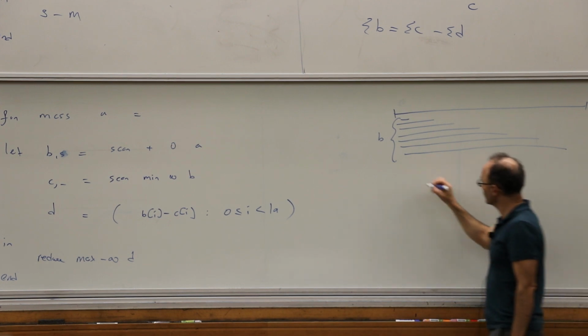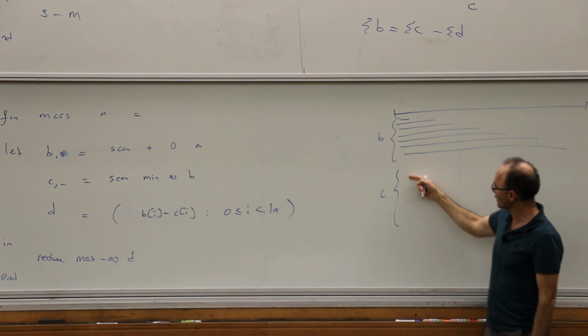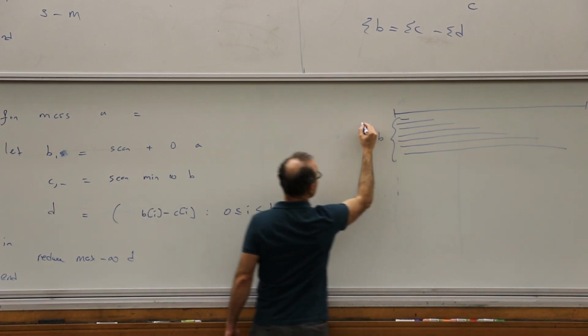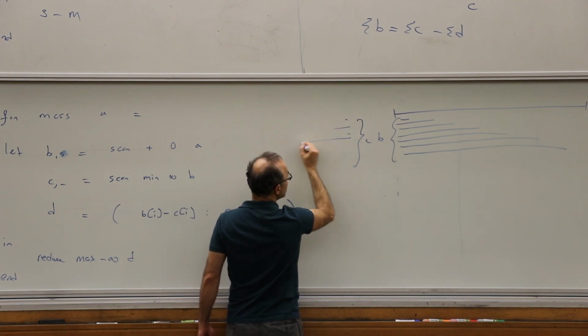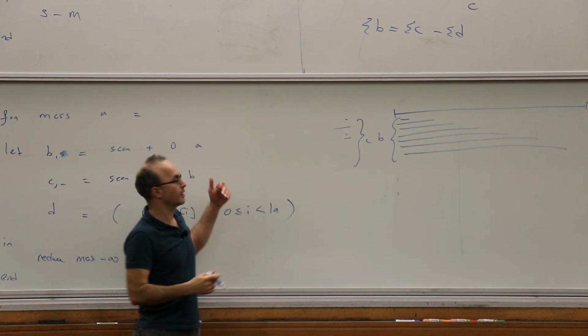So we get another sequence, C, that mirrors that. Let me write it here so that we have symmetry. For each position, it computes the min that comes before it.